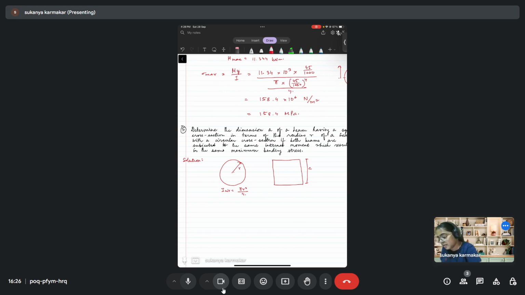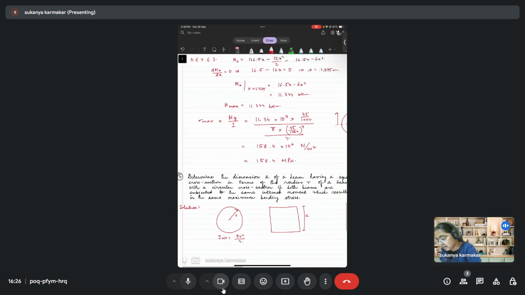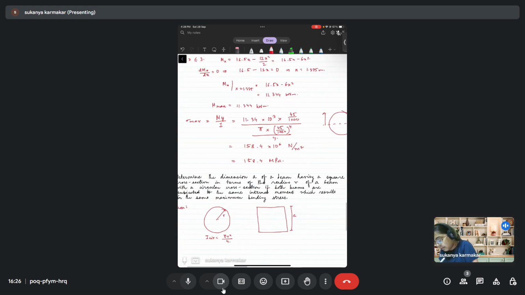While discussing the previous question, I said pi e to the power 4 by 4, so I correct my mistake. It is pi r to the power 4 by 4. Please correct this. Whatever I've written is fine, but the expression for the moment of inertia.